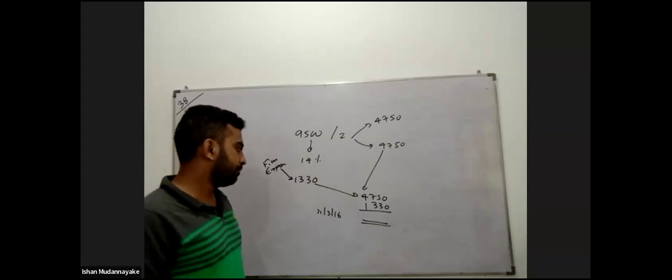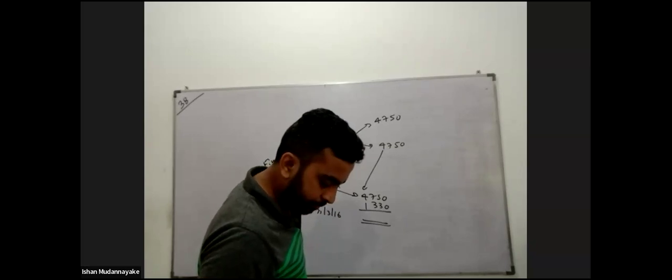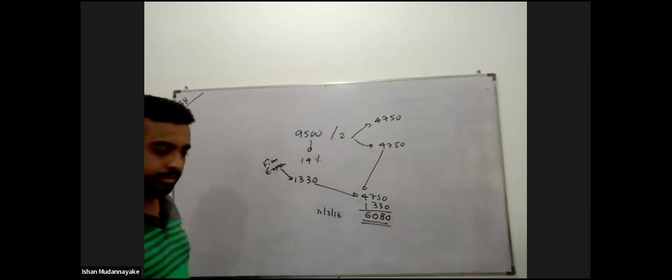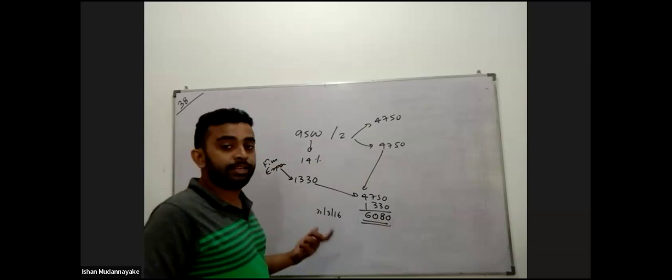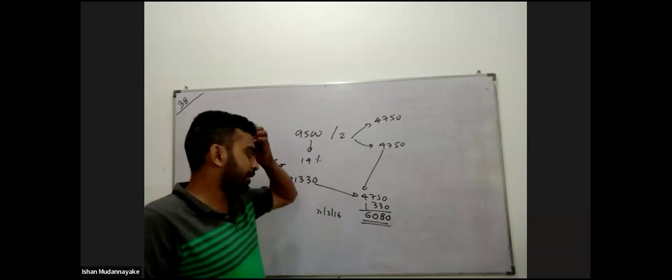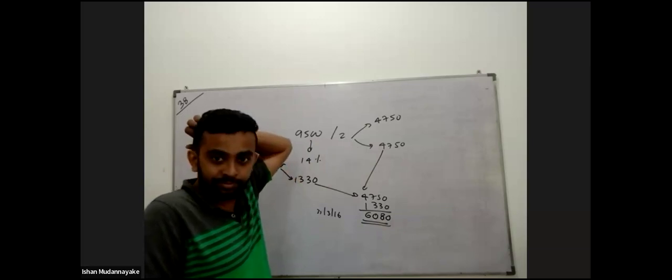Then what is the total payable installment? The payable installment is 4,750 plus 1,330, which is 6,080. This 6,080 is a current liability. You need to settle this 6,080 as soon as possible.